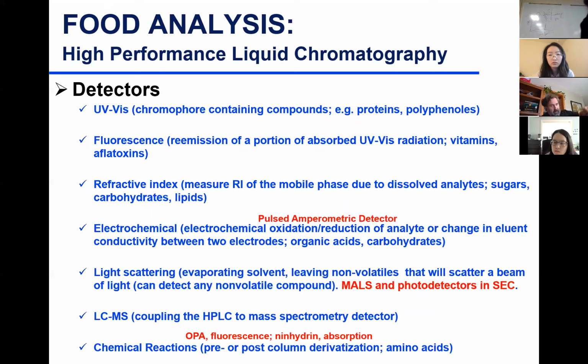Other than UV-vis, fluorescence is another detector that is very common too in analysis. It's also based on ability to absorb light, but not just ability to absorb light, ability to fluoresce. And next week we'll talk about ability to absorb versus ability to fluoresce and what that means in more detail.